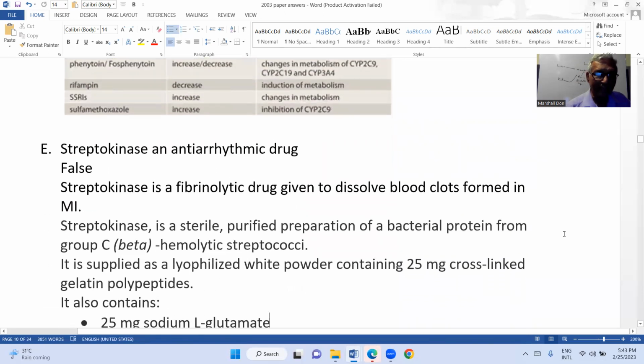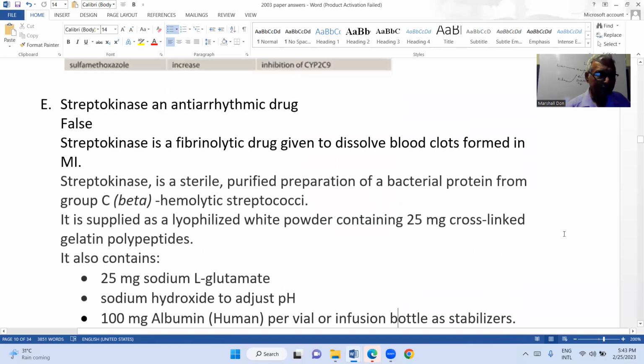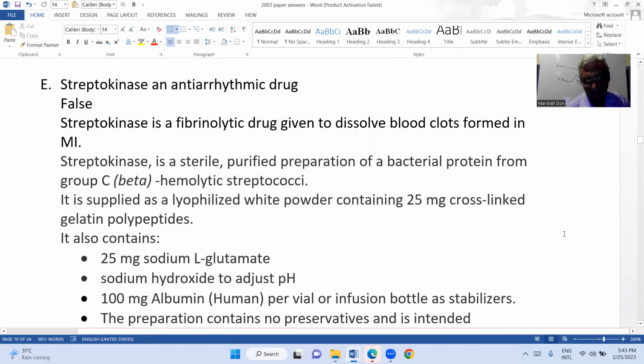Streptokinase is an anti-arrhythmic drug, that is false. Streptokinase is given for fibrinolytic action. That is when there is a blood clot in the heart, a fibrin clot. So to break that, they give this streptokinase. It was isolated from a bacteria called Streptococci.